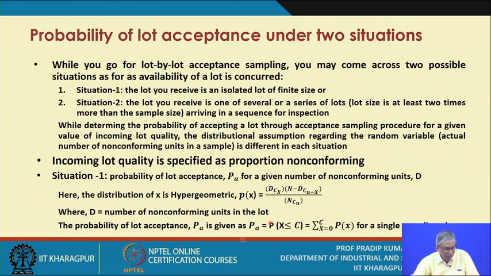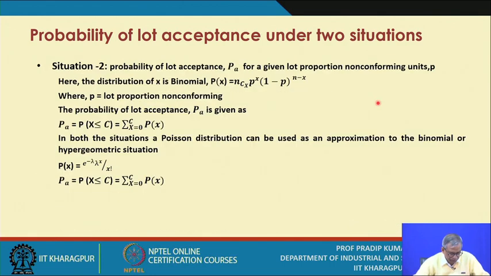Is it okay? Actual number, not the proportion. The probability of lot acceptance Pa is given as the sum of Px for x equals 0 to c, where c is the acceptance number, for a single sampling plan.